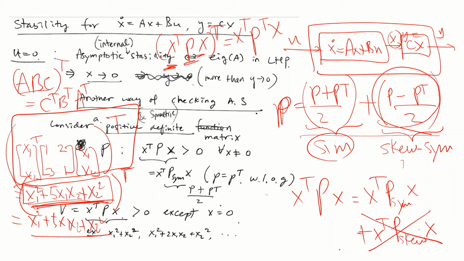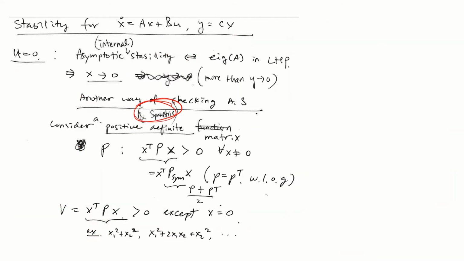But the latter is equal to 0 all the time. That's why we can normally assume that P is just symmetric. So this is the positive definite matrix: if a certain matrix is positive definite, it means x transpose P x is always positive for non-zero x. That's the definition of positive definite.